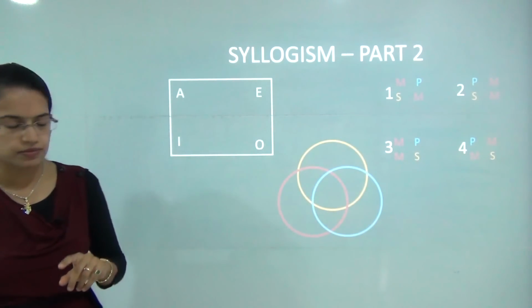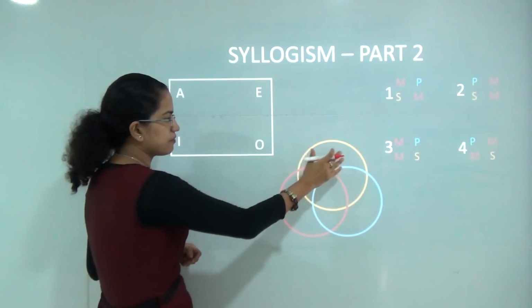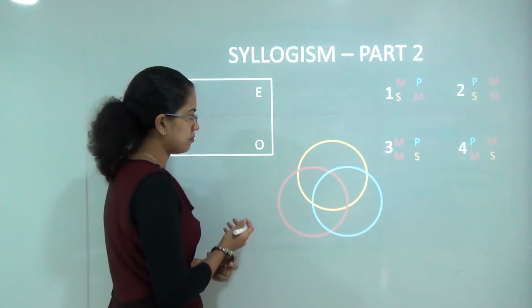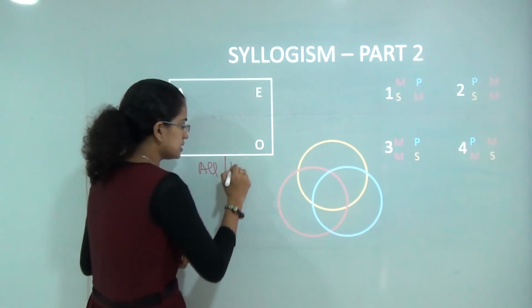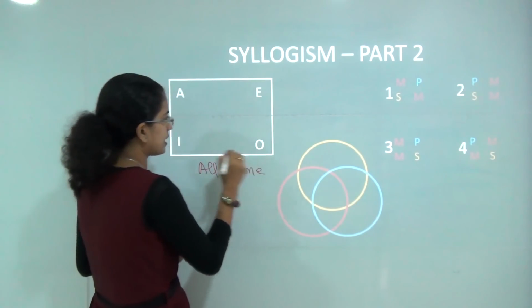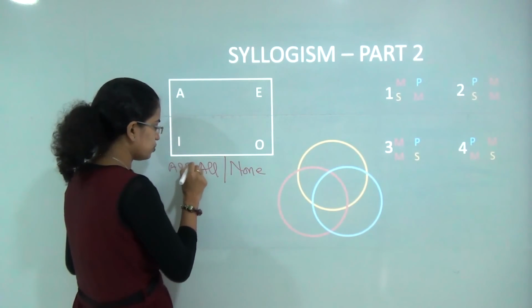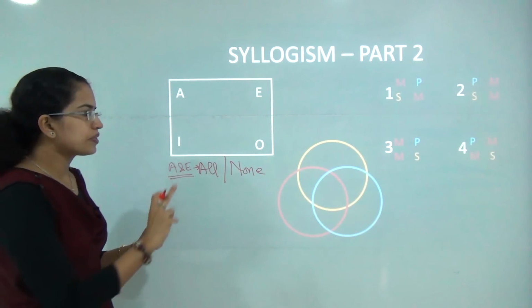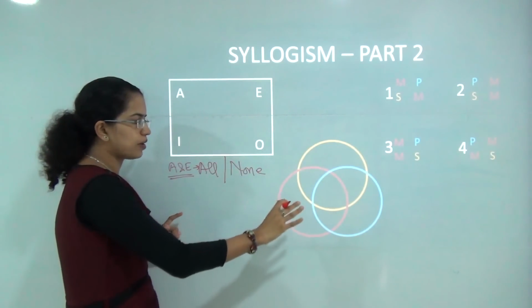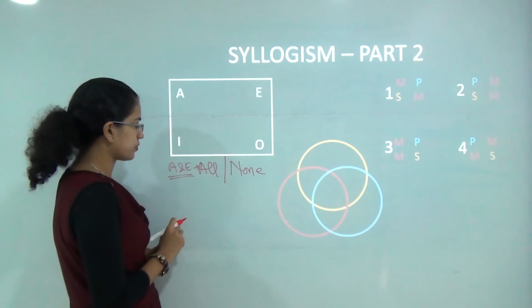That's the first thing we must be clear with. Second, whenever we try to solve a Venn diagram problem, the cases we would do first are all or none, that is A and E. Those would always be the first things that we would do when solving the syllogism problem with the Venn diagram.